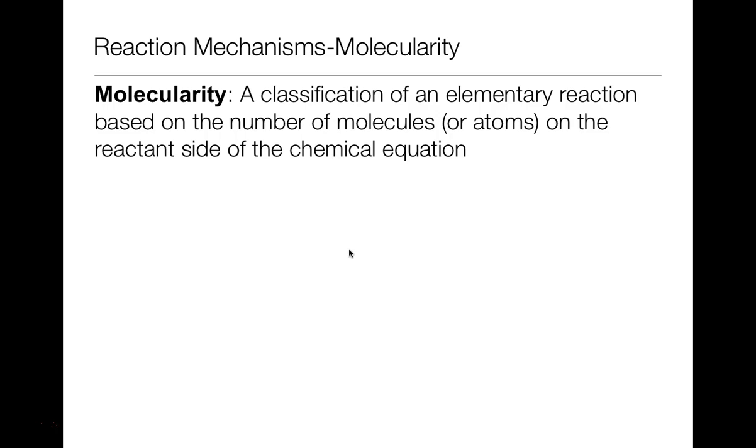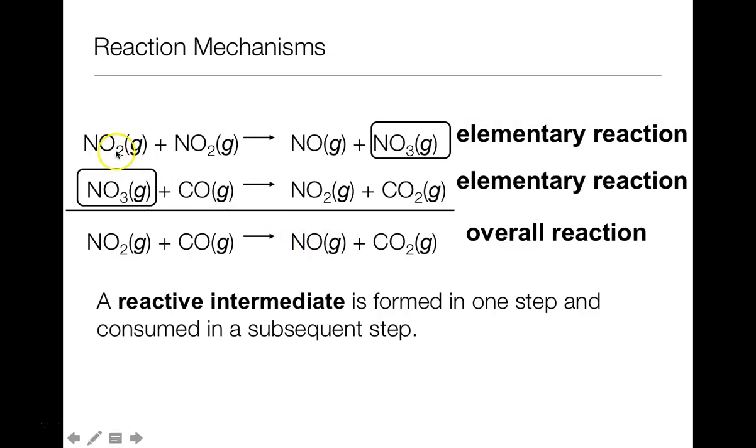So let's figure out what molecularity is. It's the classification of an elementary reaction based on the number of molecules, and sometimes atoms, on the reactant side of the chemical equation. It's saying how many molecules or atoms need to collide at a singular moment to form a reaction. Here we see that there needs to be 2 molecules of NO2 present to form this elementary reaction.